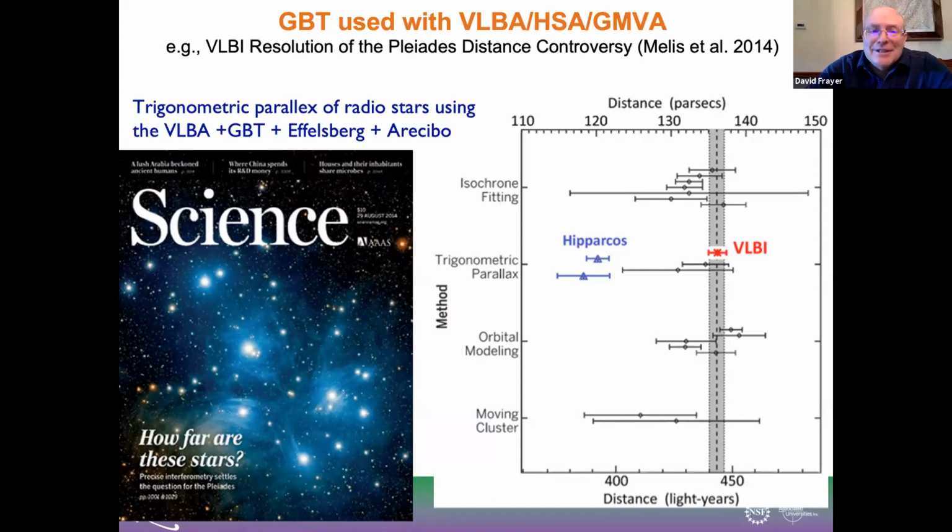So you combine the data from the GBT with other dishes around the world, and you have very high resolution imaging observations. This is an example result where they measured, using direct parallax observations, the distance to the Pleiades, which is used as a standard distance ladder metric.